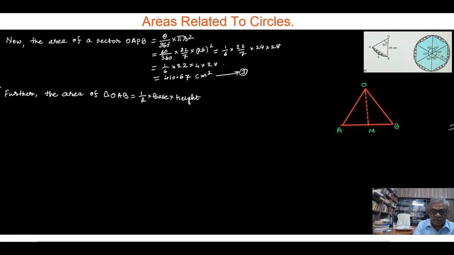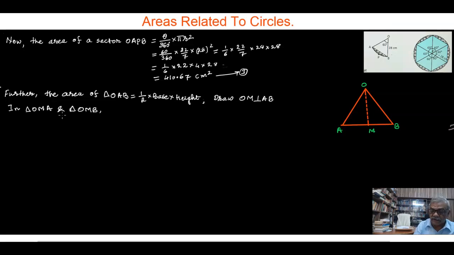Now further, the area of a triangle OAB equals half into base into height. For this we will draw OM perpendicular to AB.